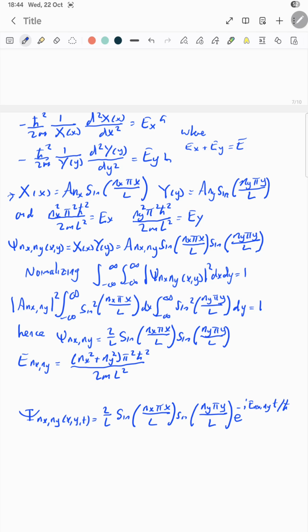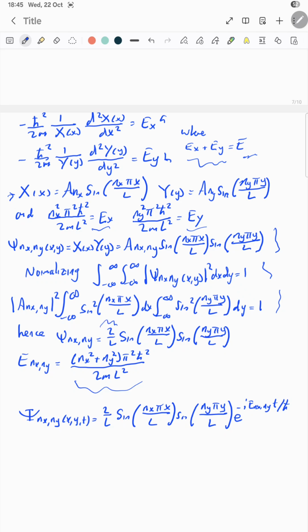And our energy values, this is for E sub x, E sub y, and E equals E sub x plus E sub y gives us our energy, which later on would be this, and this is the full stationary state wave function. When we normalize, we go through the same process again.